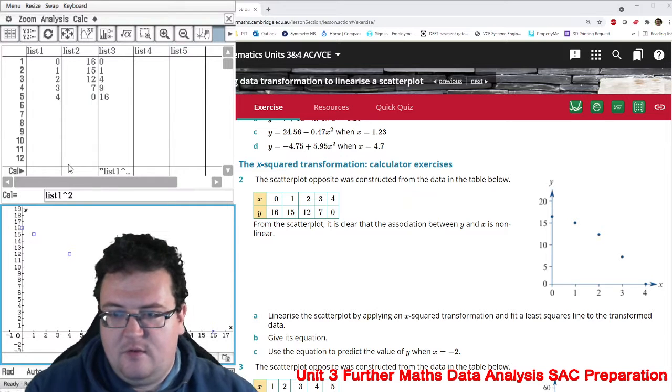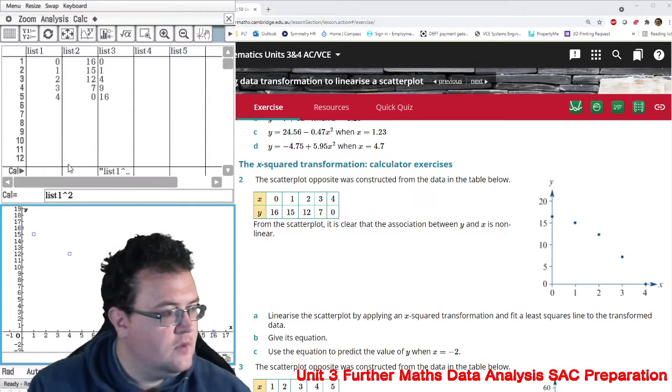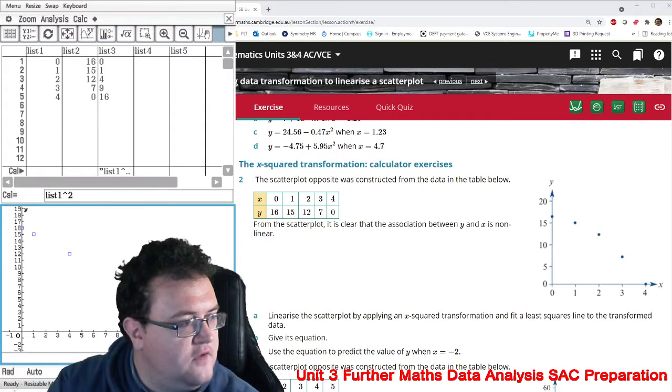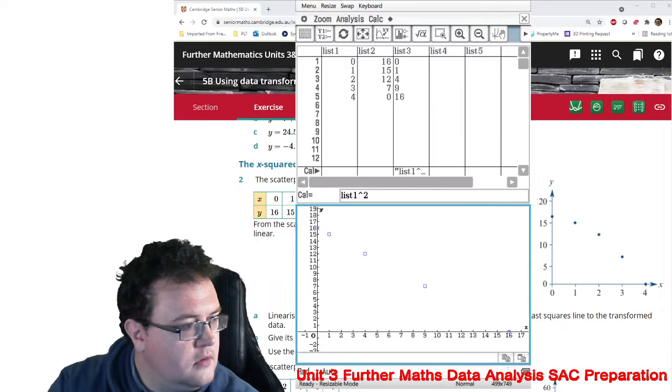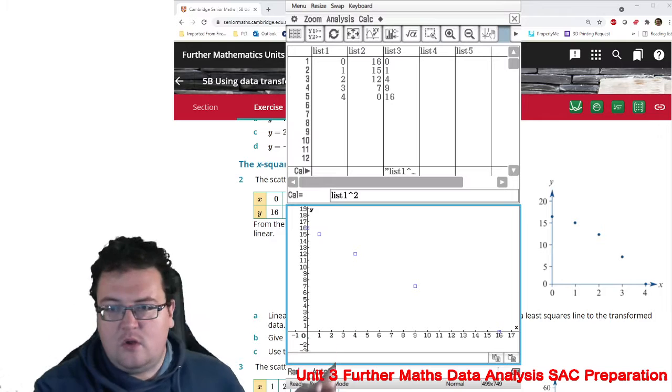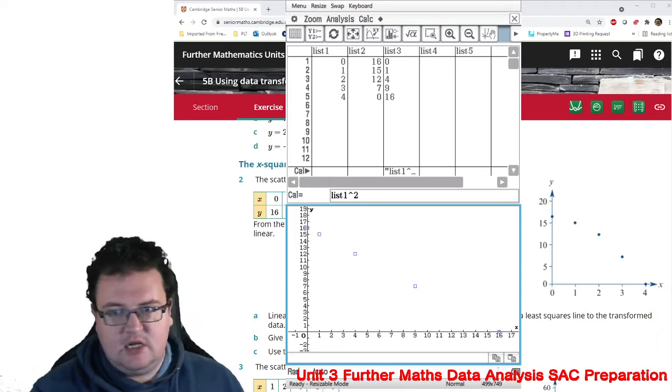And there we have it. Just going to scoot that over for you. As you can see now, the dots are in a different place, a little bit cleaner.